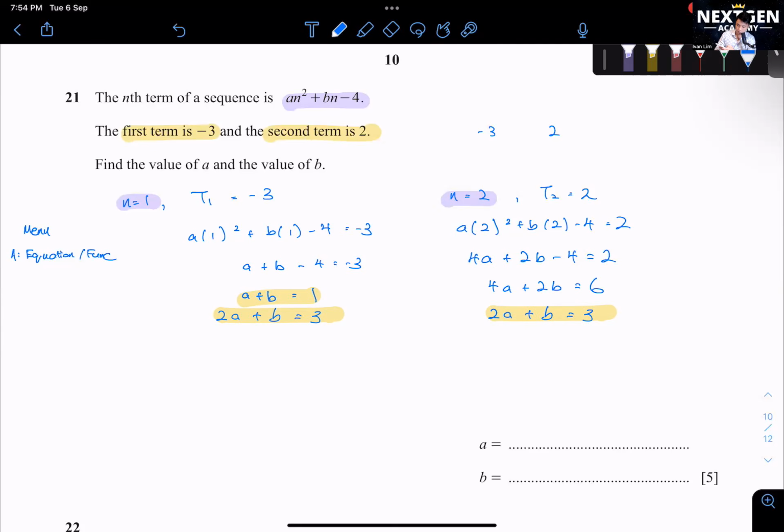Then go to simul equation. Number of unknowns is 2. Then you just type in: 1, 1, and 1, so 1x, 1y equals 1, then 2x, 1y, and then 3. You'll get the value.